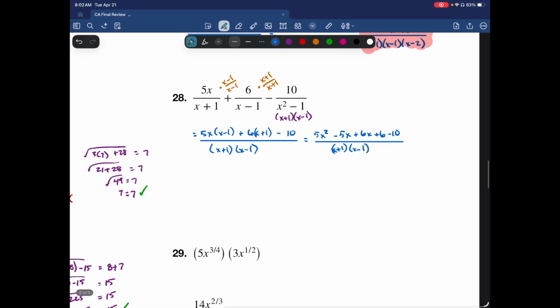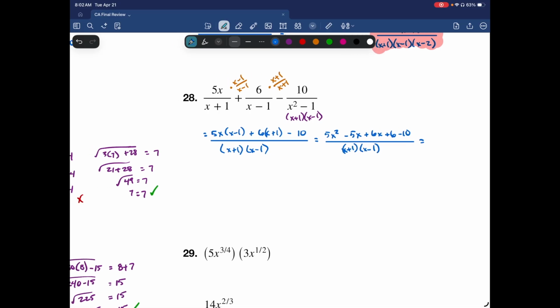All right, so this is going to give me 5x squared plus x minus 4 over x plus 1, x minus 1. All right, so I need to do the AC method here to factor. All right, so by doing that, that's going to give me x squared plus x minus 4. Or sorry, that's going to be x squared plus x minus 20.